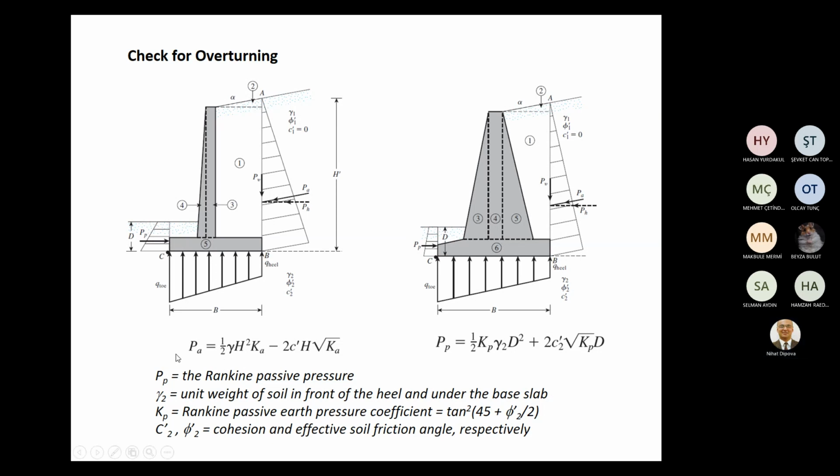PA values for cantilever and gravity walls, PA and PP, are shown, and the nomenclature is also shown in this figure. Active pressure, passive pressure, and please note that we will use the soil properties where we analyze.